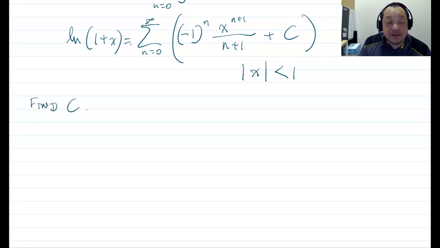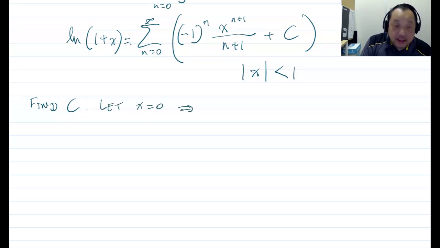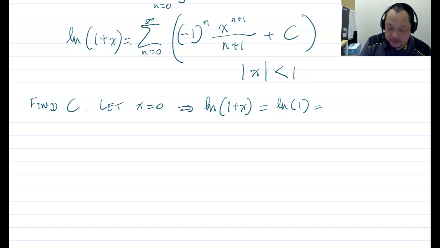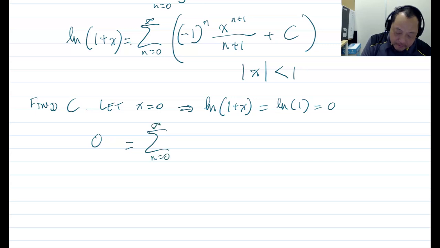A good convenient value of x is to set x equals 0. Then on the left-hand side, I have the ln of 1 plus 0, which is ln of 1, and that is 0. And therefore, on the left, I have 0. And then on the right, I have 0 to the power n plus 1.